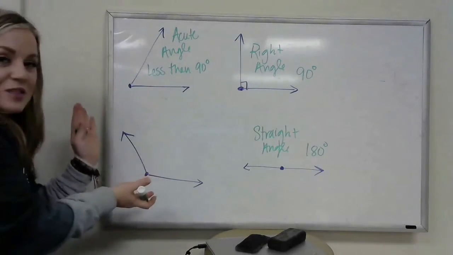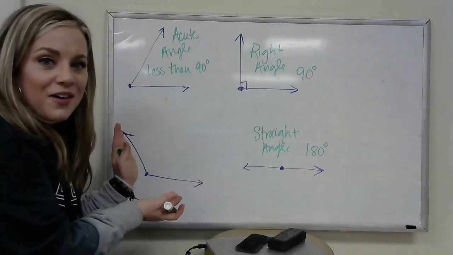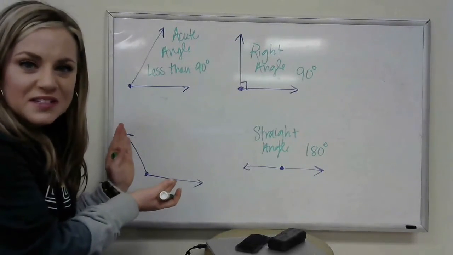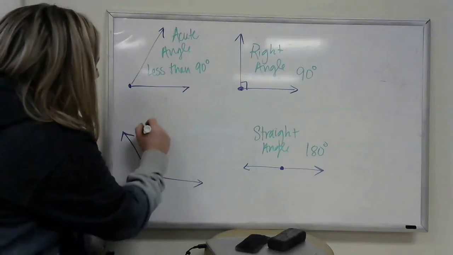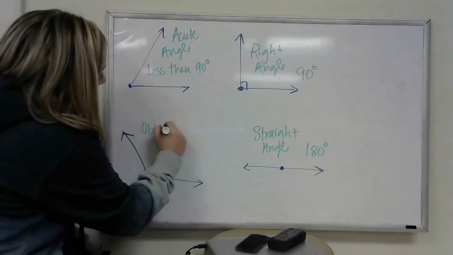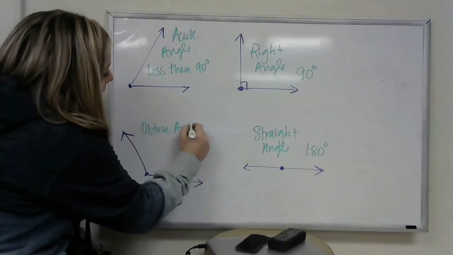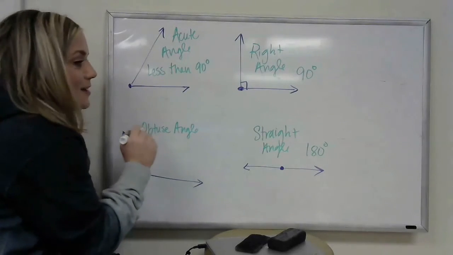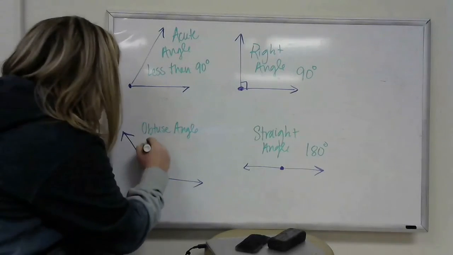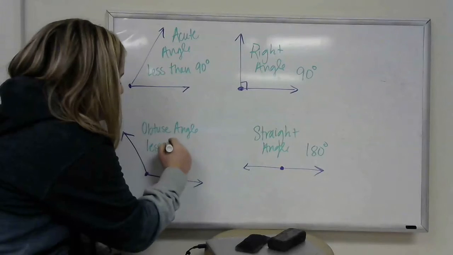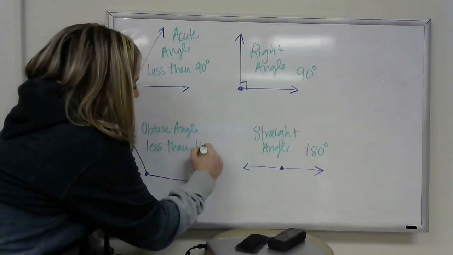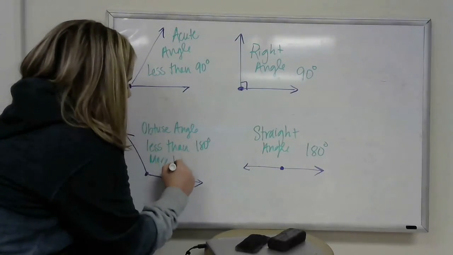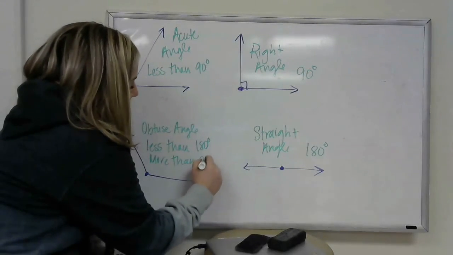Then you have this big old angle right here. I call this the obtuse angle, and I remember it as obese. Obese is fat, right? So this is an obtuse angle, and we know that obtuse angles are less than 180, so it's anything less than 180 degrees, but more than 90 degrees.